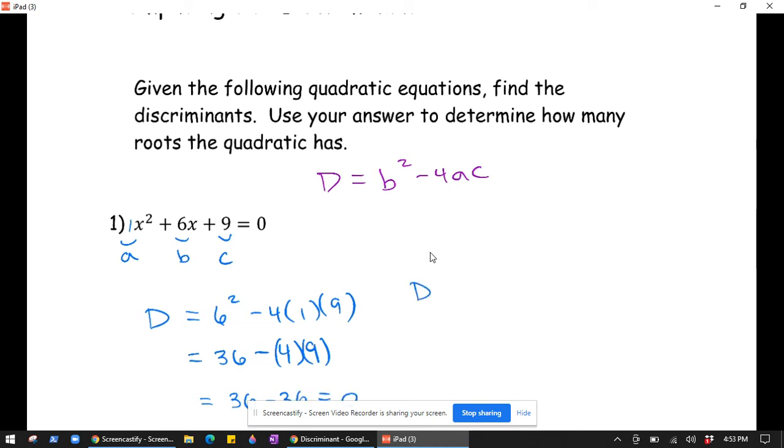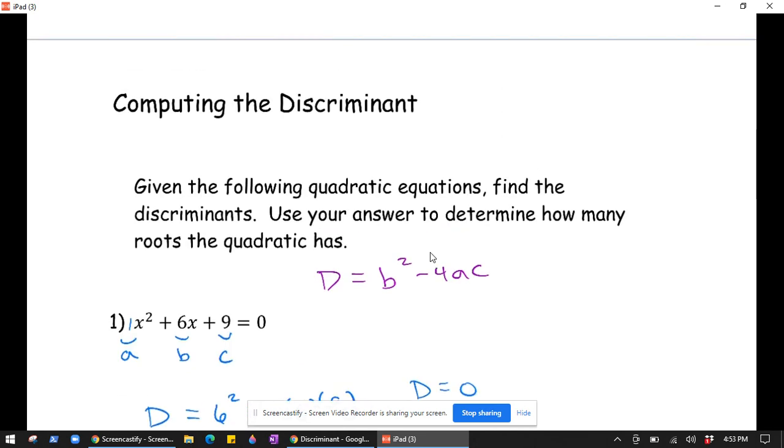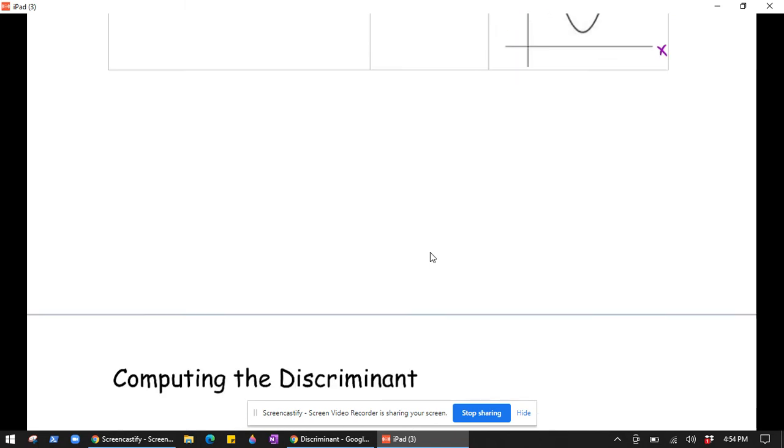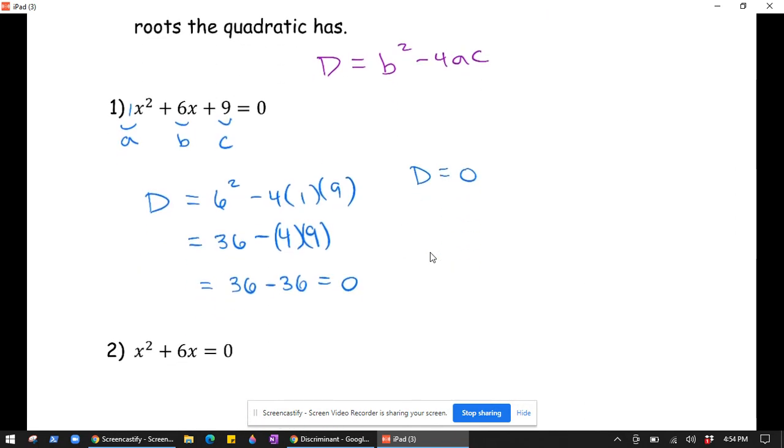So our discriminant is 0. It then says determine how many roots the equation has. Well, as we saw, when the discriminant is equal to 0, that means that there's one real root. So we write that.